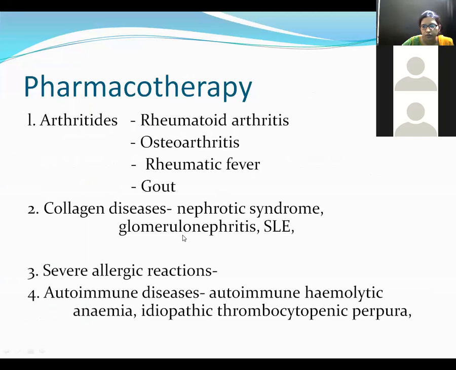Now pharmacotherapy of glucocorticoids. There are wide uses of glucocorticoids. Remember, the uses of glucocorticoids is a very important topic.